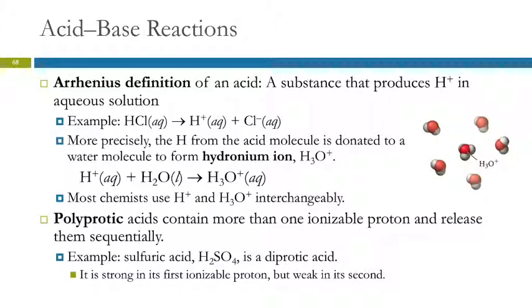And so this is slightly confusing. I apologize for that, but chemists use H plus and H3O plus interchangeably. So sometimes we use this one, sometimes we use the other one. It's a little bit like saying, well, this is the baby and this is the baby being held by its mother.